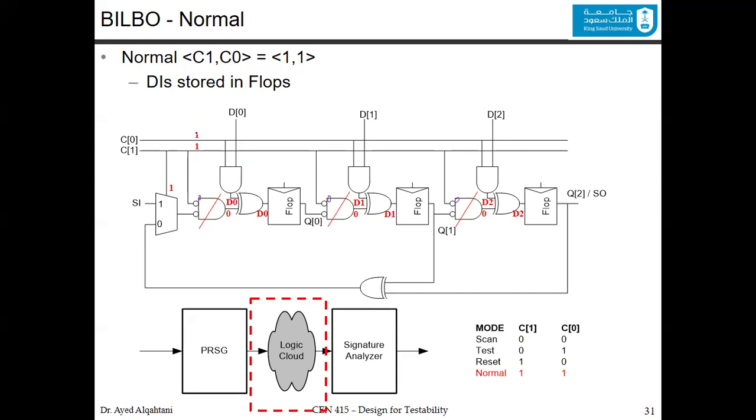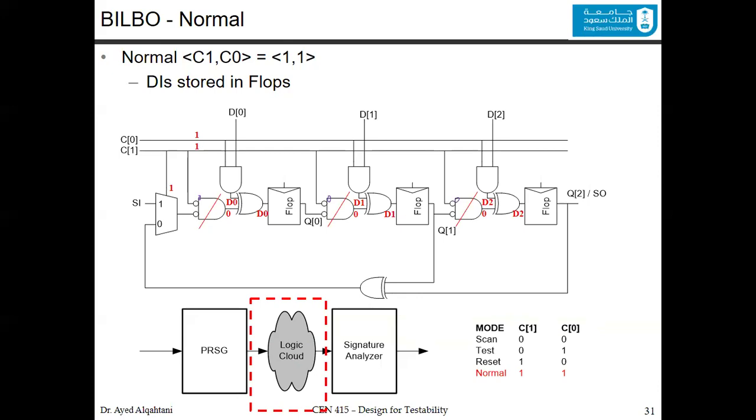And because this is 1, what you are inputting here is the value of D0 and D1 and D2. Also, because you have a 1 here, you are not having the feedback, so there is no feedback coming here. You just plug the D's into the flip-flops, and the sequential circuit works normally within the logic cloud.